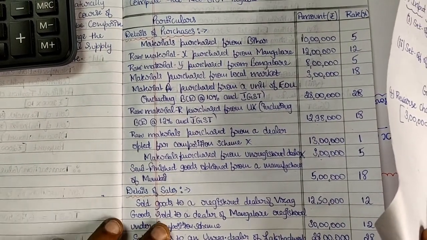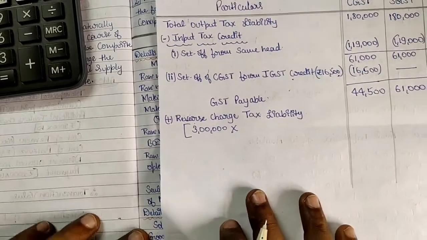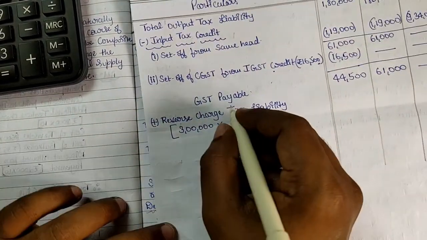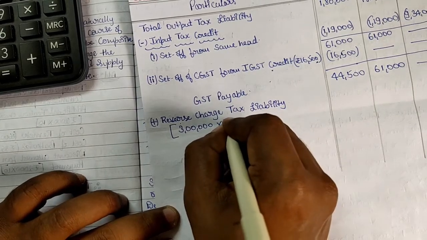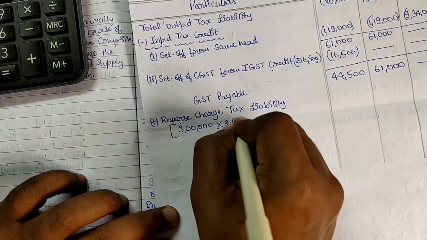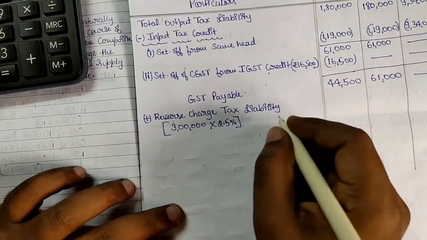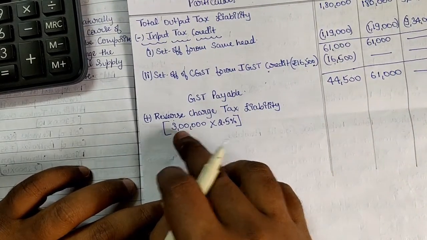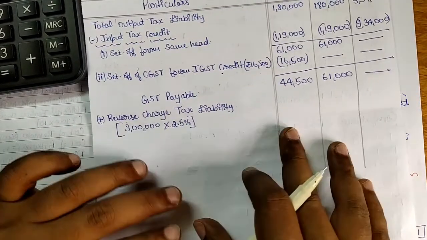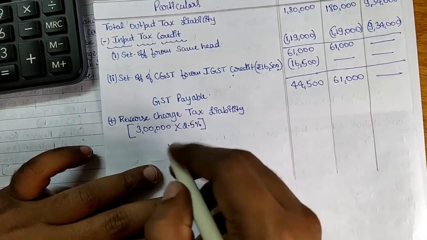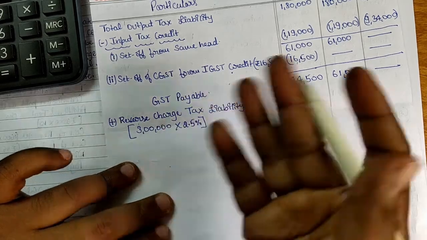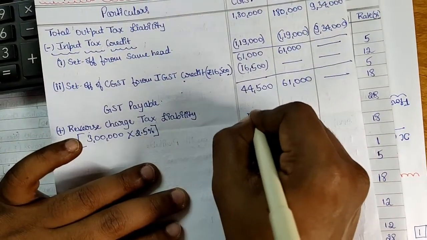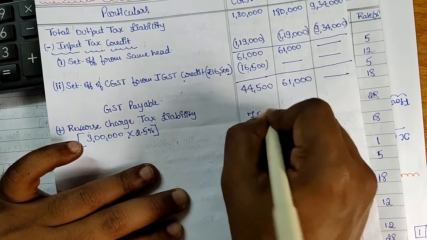So whenever information is missing, we assume the transaction is occurring within state, so therefore CGST and SGST can be charged. 5% is total tax liability, so we are charging 2.5% each as CGST and SGST. So 3 lakh into 2.5%, you can use your calculator: 3 lakh into 2% will be 6,000, 0.5% is 1,500, right? So it will be 7,500. Use your calculator, I'll directly calculate 7,500.